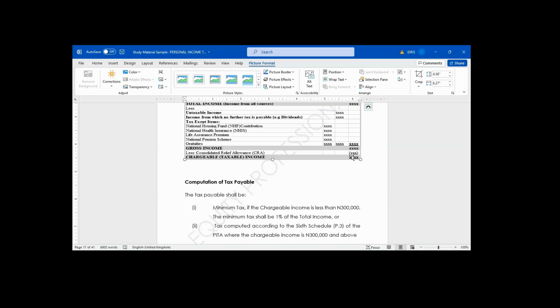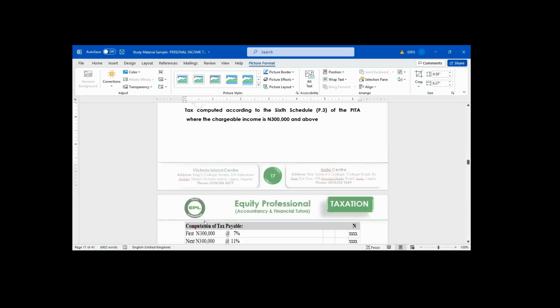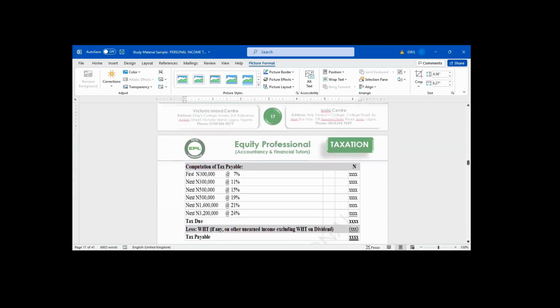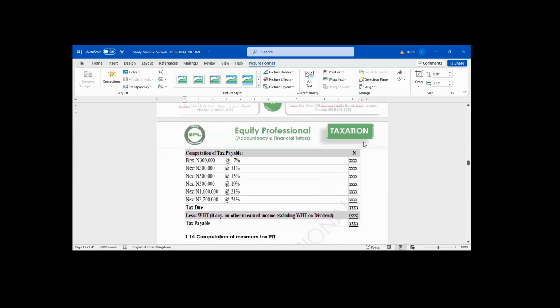If your chargeable income is more than 300,000 naira, you are going to apply this table to compute your personal income tax. First 300,000 naira at 7%.